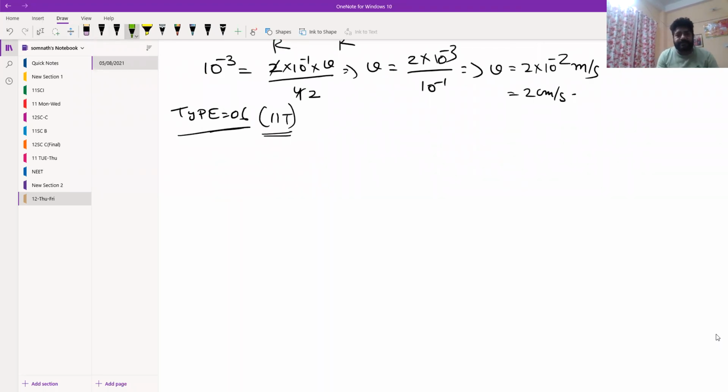The question is that the magnetic field is B.